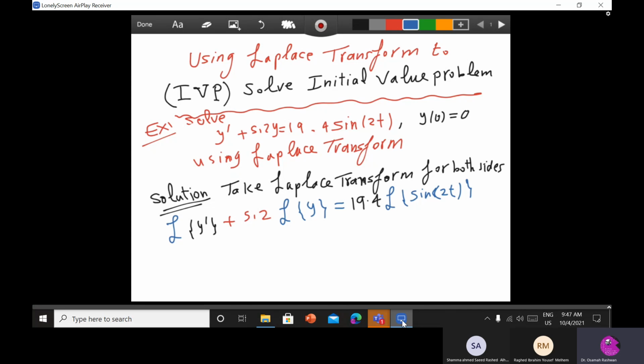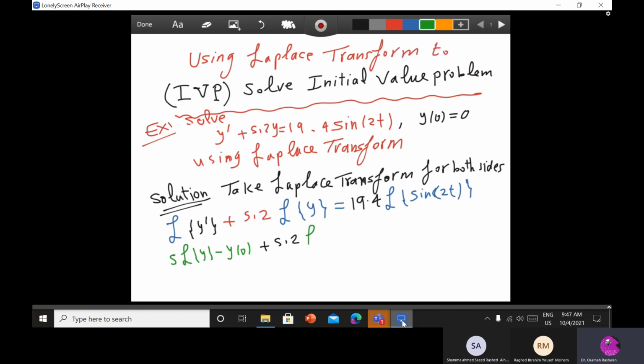Now, what is the Laplace transform for y dash? Yes, it is s Laplace of y minus y at 0, right? Okay, fine. Plus 5.2 Laplace of y, because I have nothing to do with this one.